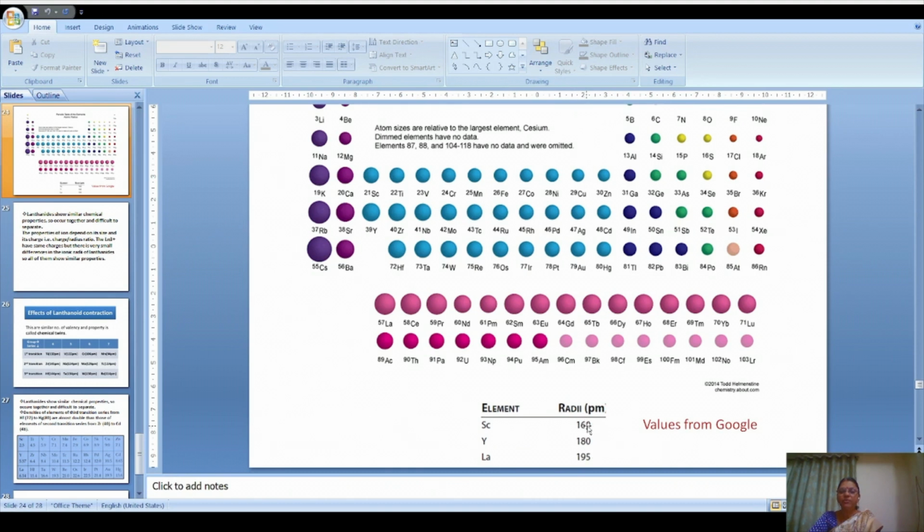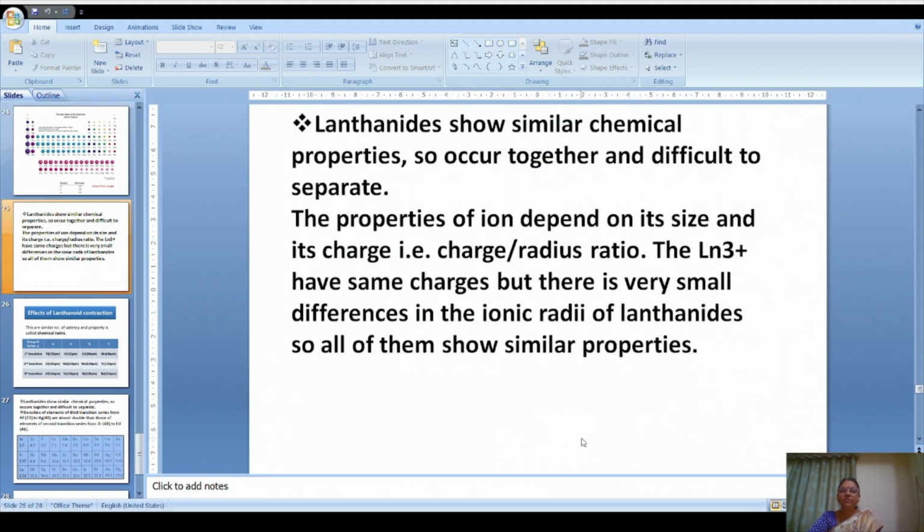So we are observing an increase here, but due to lanthanide contraction, see the effect on the post lanthanide elements, which have similar atomic and ionic radii.